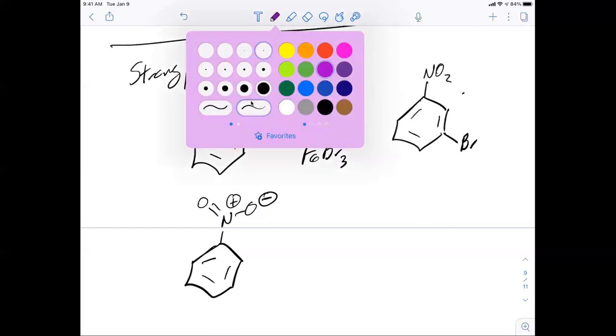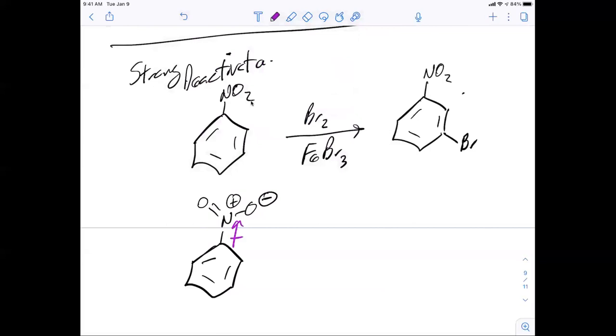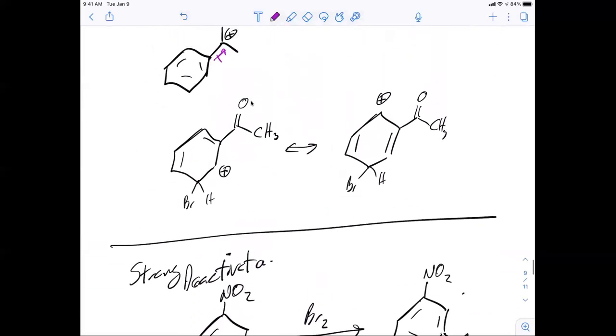So it's going to be pulling that negative charge towards itself, or that electron density towards itself.